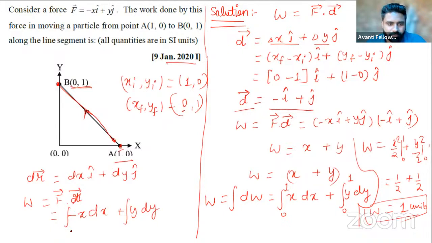If you integrate it from 0 to 1, 0 to 1, you get the same result. So I hope you are clear with this concept. Any kind of doubt you can ask immediately.